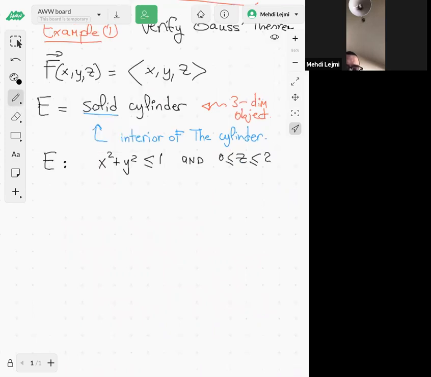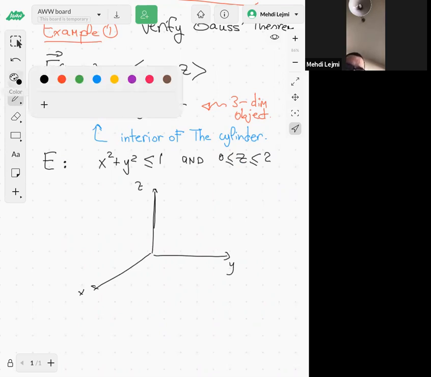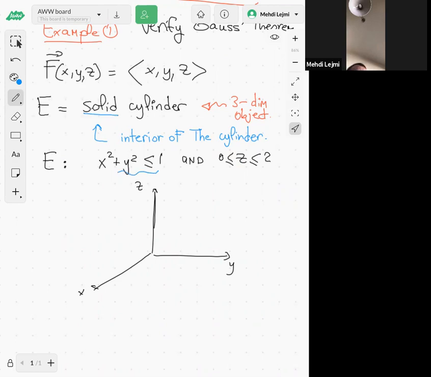So what we are saying is the following. This is x here, y, and z. First, we have the equation x squared plus y squared less or equal to 1. That means the interior of a circle. But the question is which circle, because the height z here is not fixed.